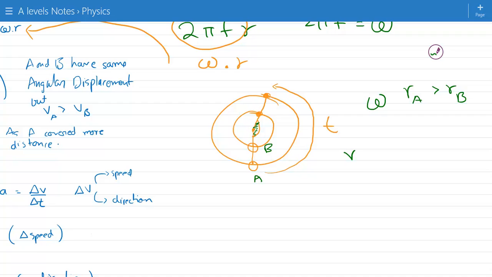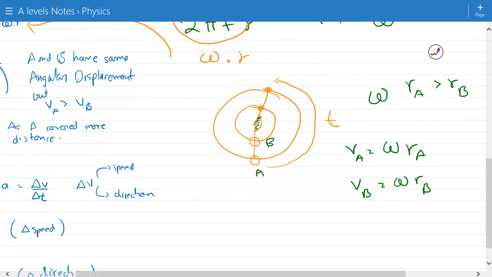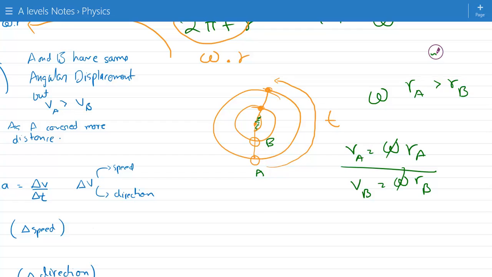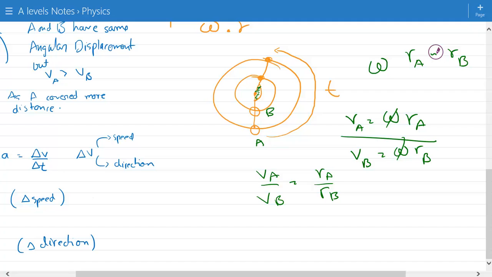Therefore we can say, if we take this equation, the velocity of A equals omega times the radius of A, and the velocity of B equals omega times the radius of B. And if we take the ratio of these two things, this thing cancels out, and we have vA over vB equals rA over rB, directly proportional, right? So if rA is bigger than rB, definitely vA would be bigger than vB. That's what it depends on.